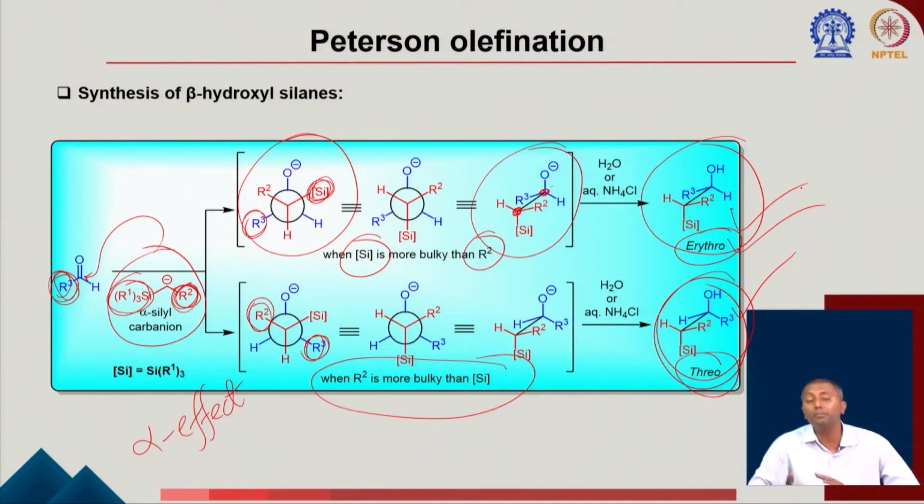And sometimes this is a problematic thing for Peterson olefination, because if the sizes are not really much different, then it will be difficult to control the ratio of threo and erythro. From both cases you can get the corresponding Z versus E olefin, based on the next condition you choose.